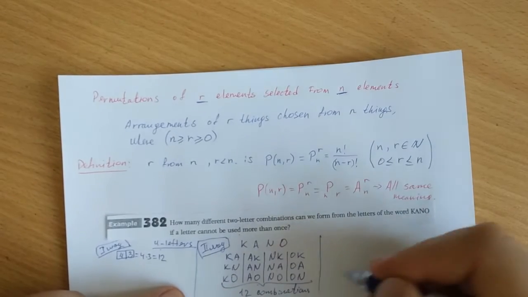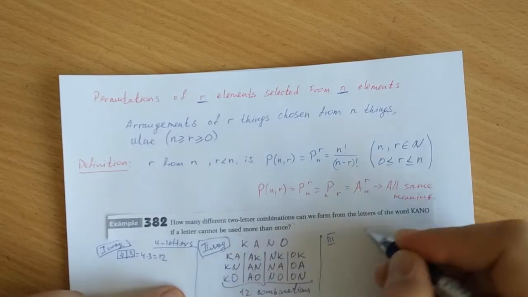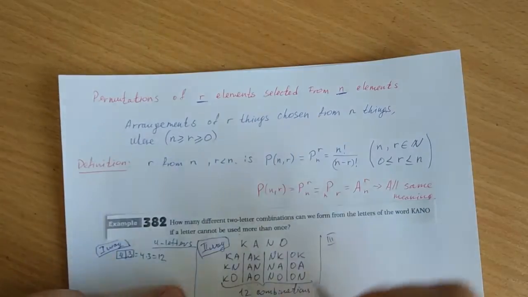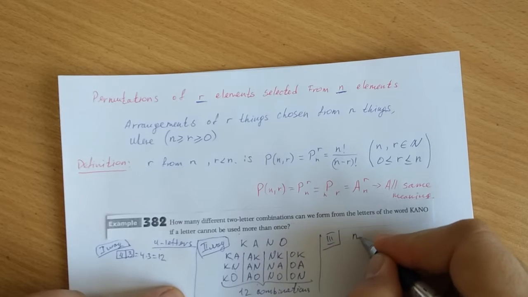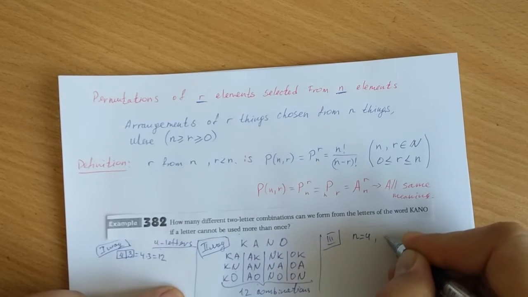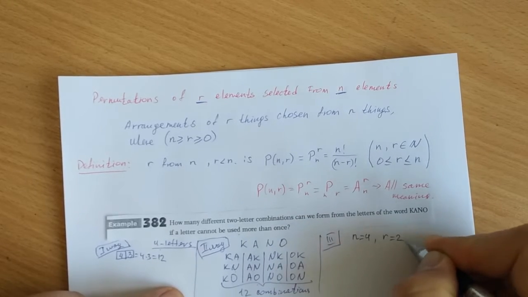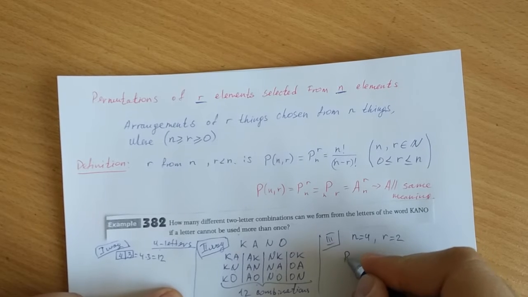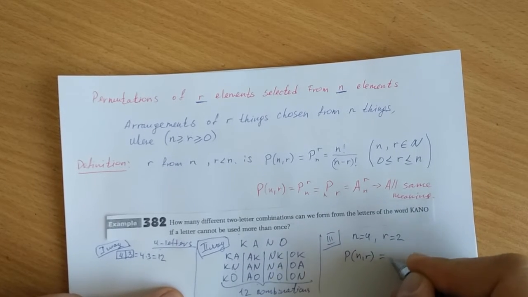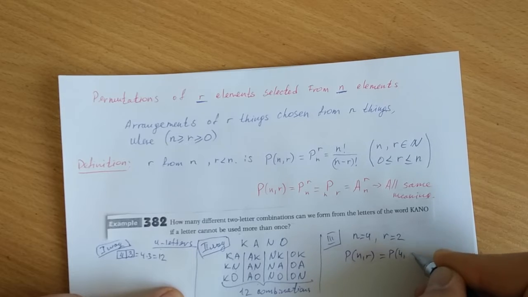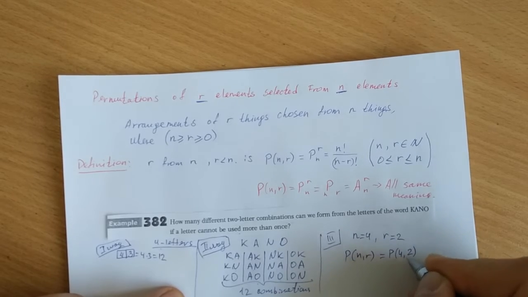So, the third way, we will use our given topic. First, how many letters do we have here? 4 letters. We are selecting just 2 of them. r is equal to 2. So P n r, you see? That means we are taking 2 from 4.